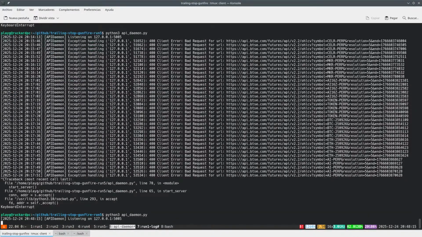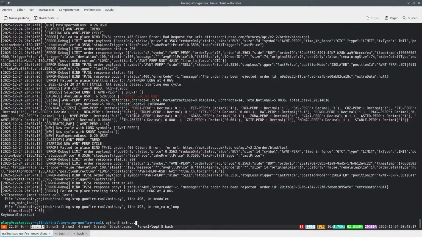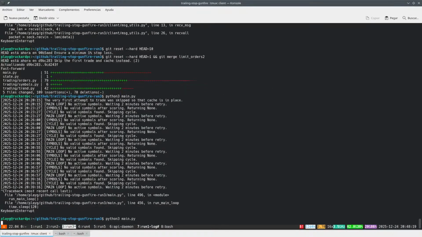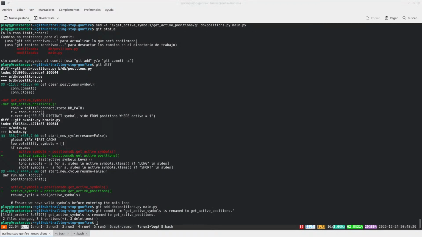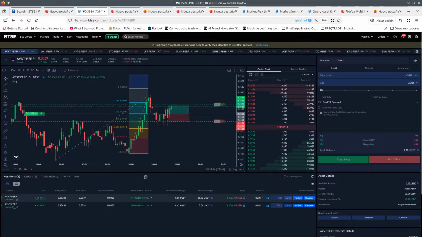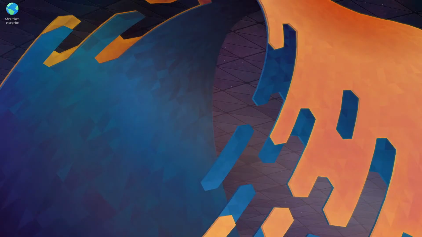So APA daemon, yeah, let's open this. I mean, there's going to be more requests than what it's needed, but anyway, you know what I mean. I could log in on the other ones to see this one here working as expected, I guess. It's mostly the same thing. So let me see.